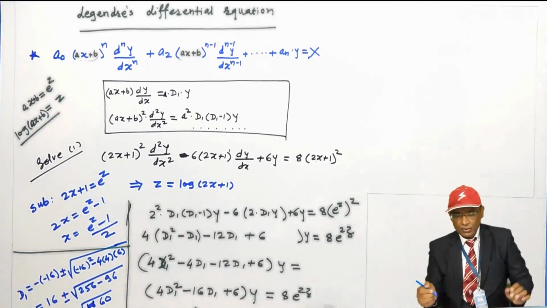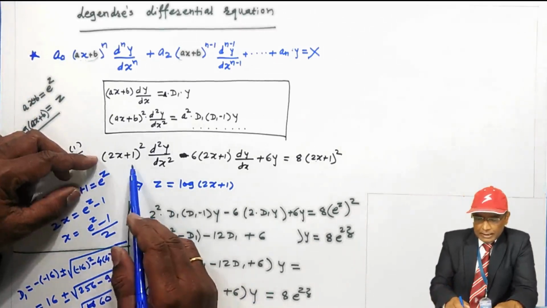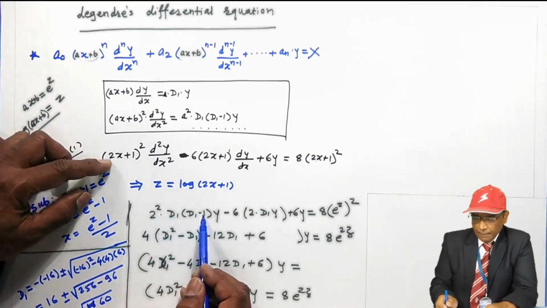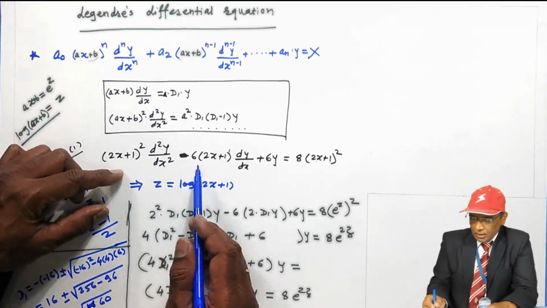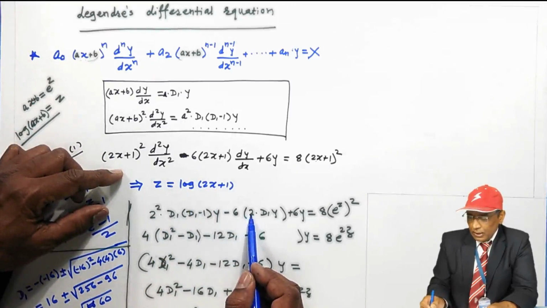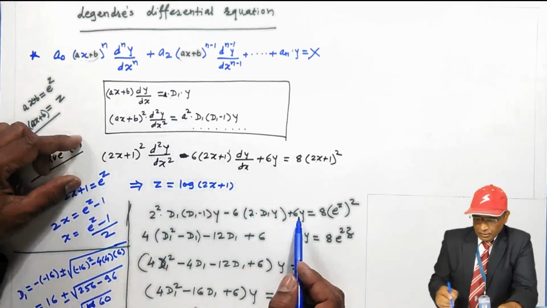Okay, once again we are going to check. This is what? 2 square means a square, D1 (D1 minus 1), minus 6 into 2, D1 y means a D1, like that, and plus 6.